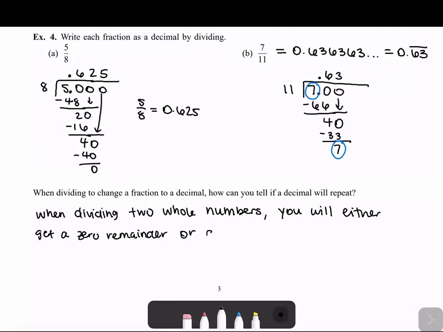Or you get a remainder you've already encountered. For example, that's what happened here on the right, where we got a 7.